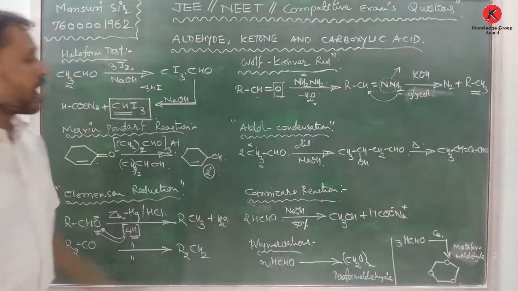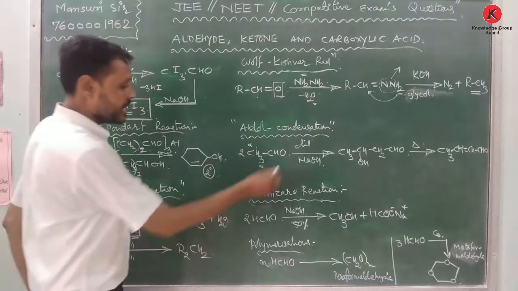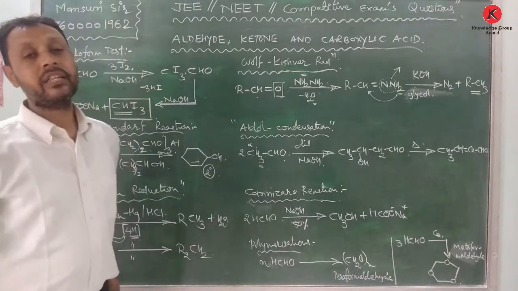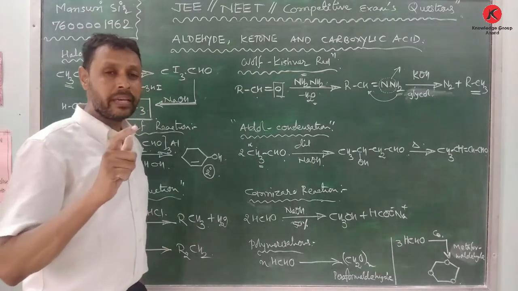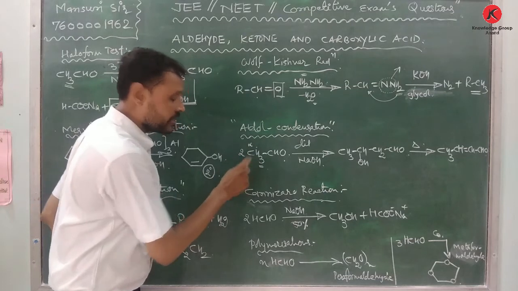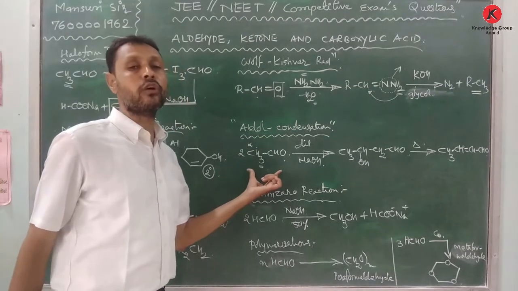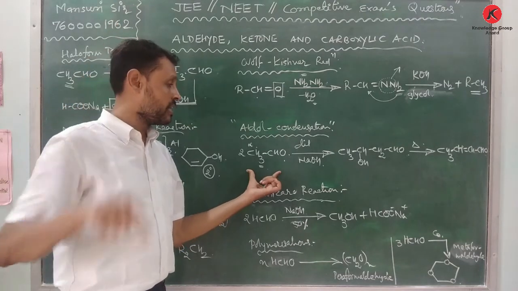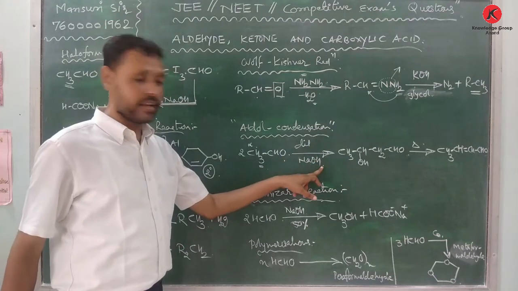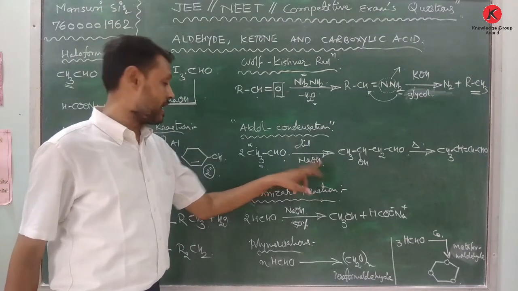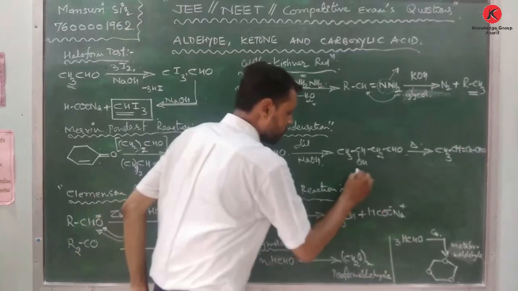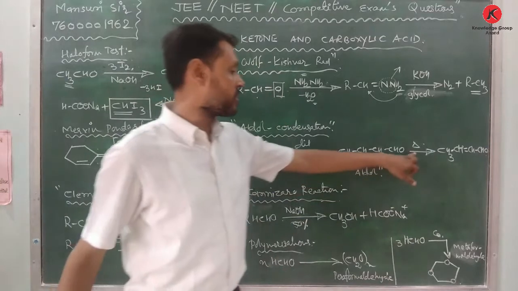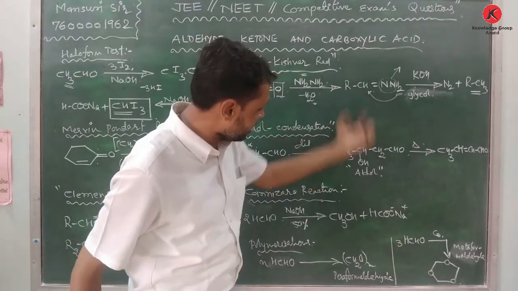Now aldol condensation. You know very well that in aldol condensation, the reactant should be having alpha carbon containing hydrogen. If 2 moles of aldehyde which contain alpha hydrogen are in dilute NaOH, dilute basic media, then aldol is obtained. Then aldol is obtained, and after heating, H and OH will be removed.